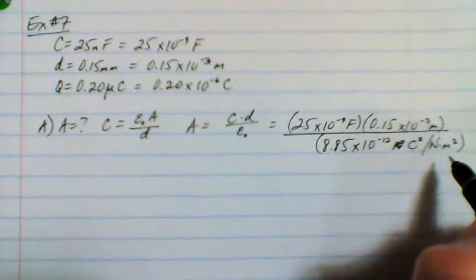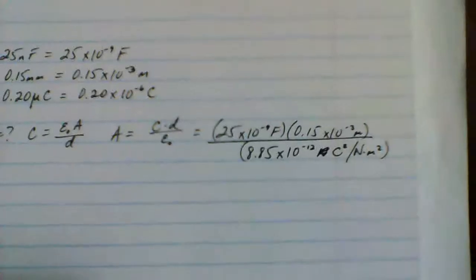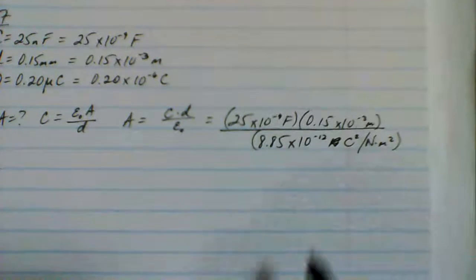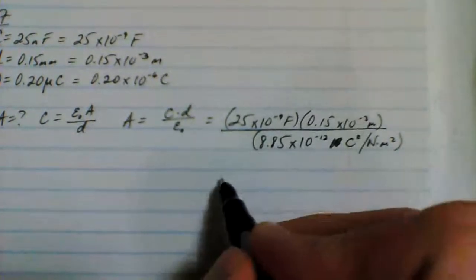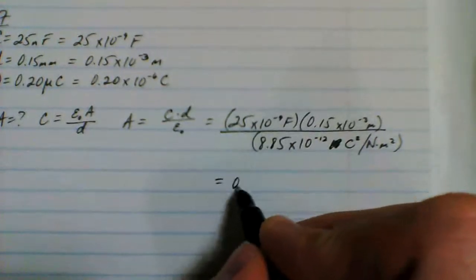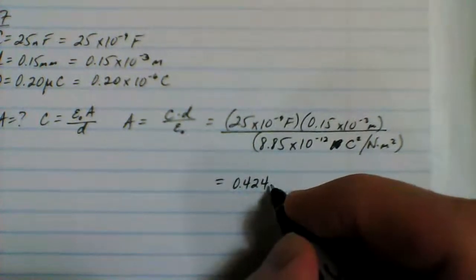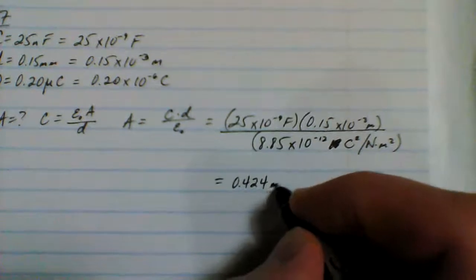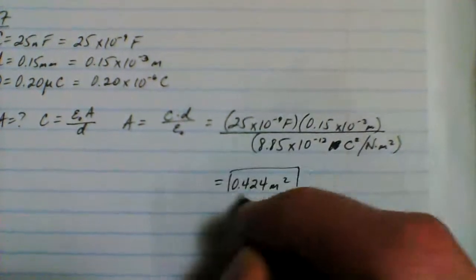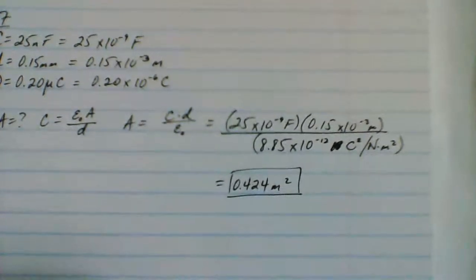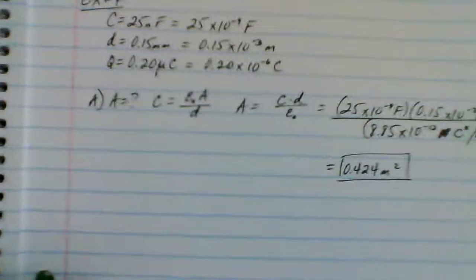The square is only in the unit. So we're going to go ahead and put this into the calculator, and the answer we get back should be 0.424. It's actually 0.423 something something, but we're going to round it to 0.424 meters squared.